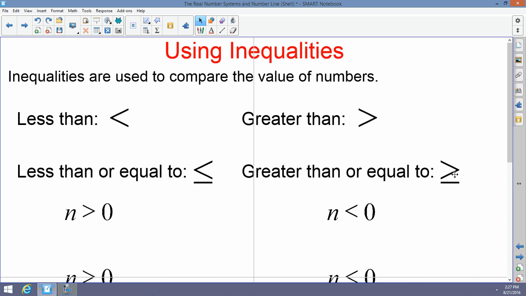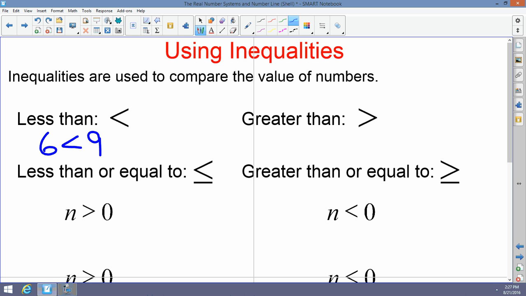It really depends on you, the reader. For example, I can say 6 is less than 9, if I'm going from left to right. But I can also say from right to left, 9 is greater than 6. You can read it left to right or right to left.